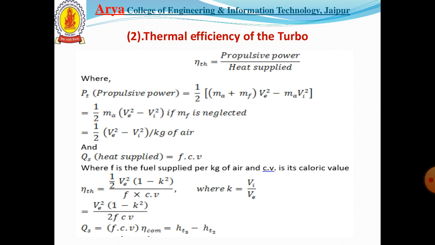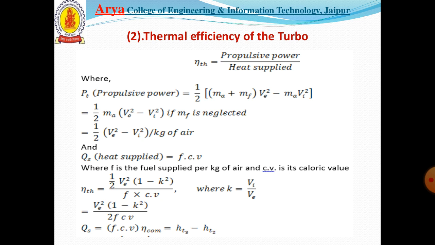That is PT equal to 1 by 2 ma into (Ve square minus Vi square). If mf is neglected as compared to the mass flow rate of the air, then PT equals half of (Ve square minus Vi square) per kg of the air.